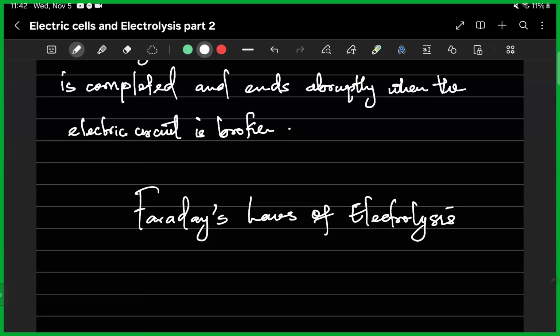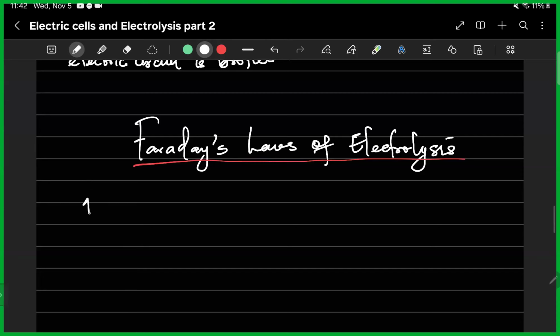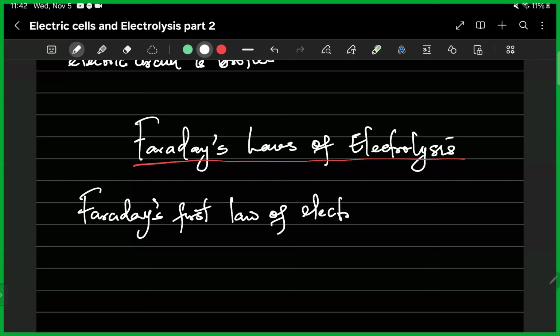Under this we have Faraday's first law of electrolysis.